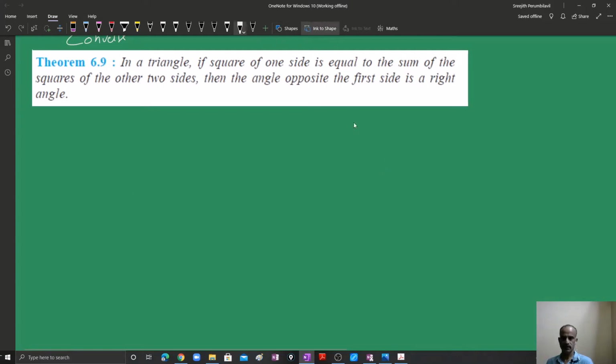What does that mean? In triangle ABC, the square of one side is equal to the sum of the squares of the other two sides.